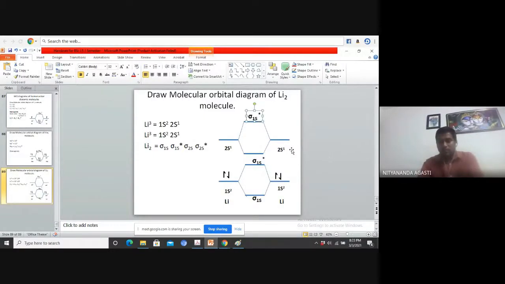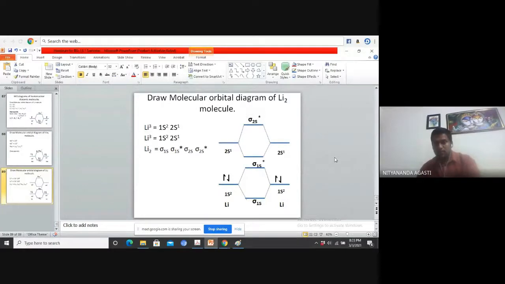Sigma 2s star. Sigma 2s, I'm writing here, this one, sigma 2s bonding, right?